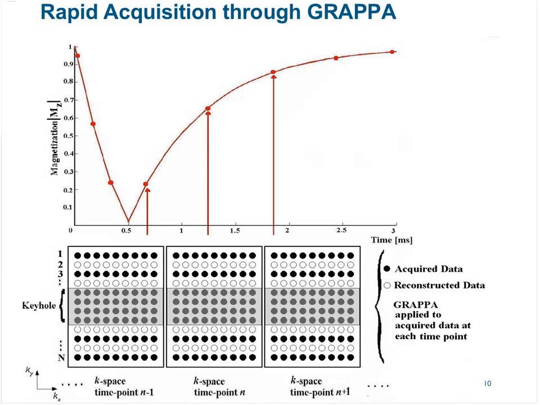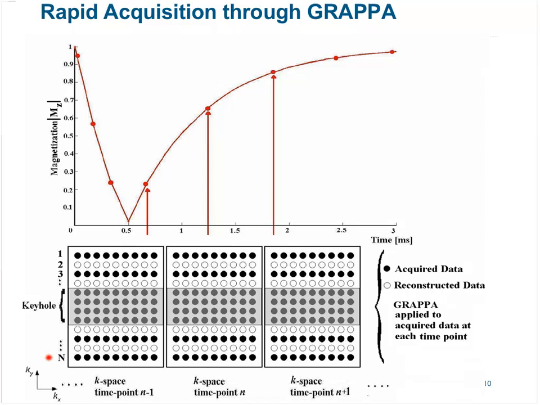So here again, you can see the k-space time point, let's say n-1, and you have acquired the first and the third and so on peripheral k-space lines, and for the low lines of the peripheral k-space, you perform the same subsampling there.